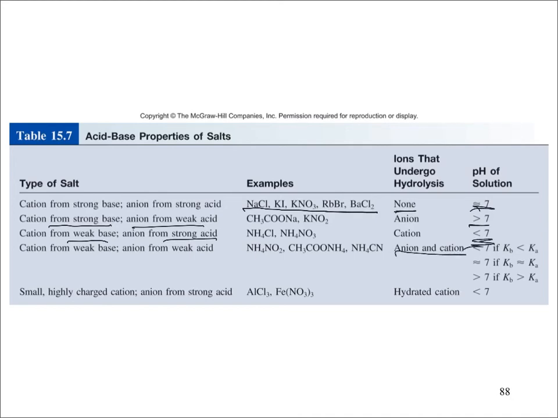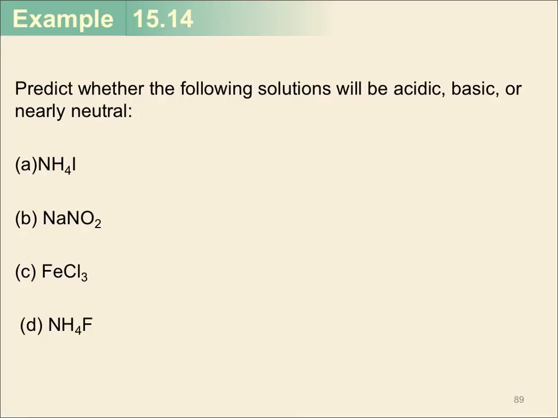And then for both anion and cation hydrolyzing, it's around 7, less than 7, or greater than 7, depending upon the Ka and Kb. Now, small highly charged cations and an anion from a strong acid are always going to be less than 7. And we'll talk about why that is in just a minute or two.